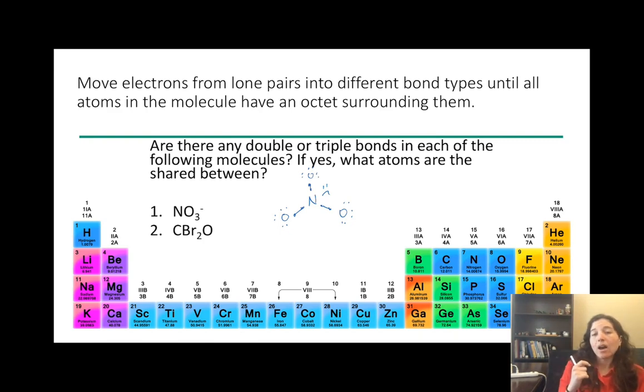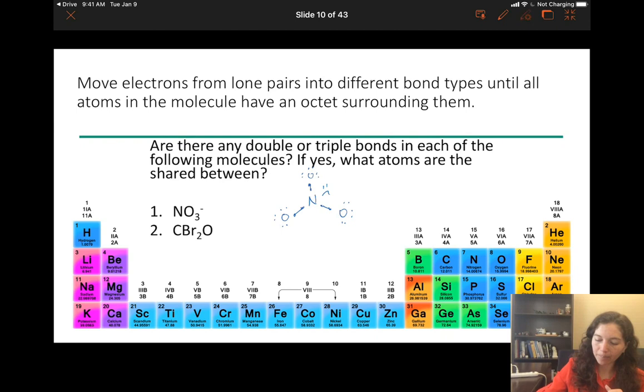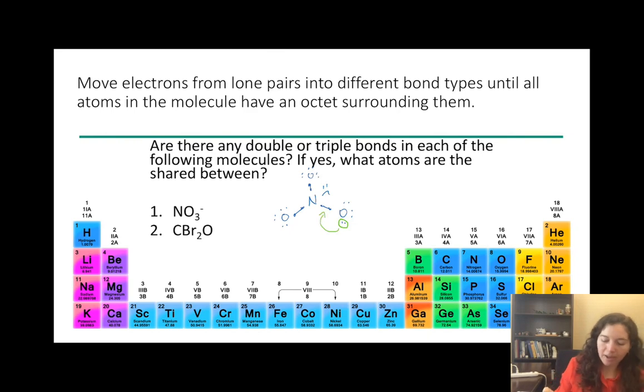So we're going to remedy that. We're going to take a lone pair from any oxygen. It doesn't matter. They all are electronically exactly the same, so you can take it from any of them. We can just pull from this one right here. And we're going to move it into a bond here.